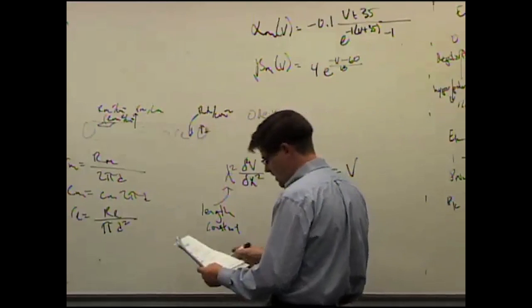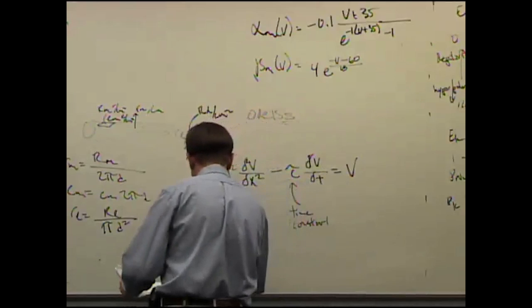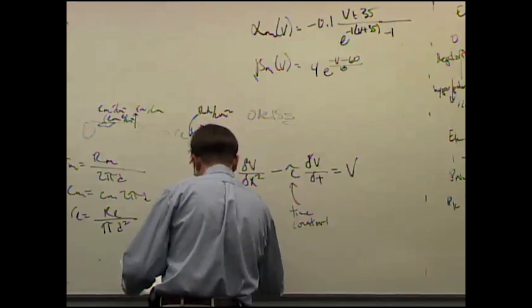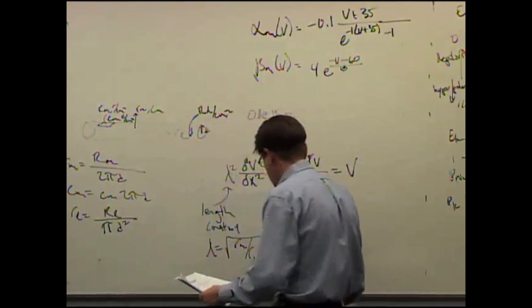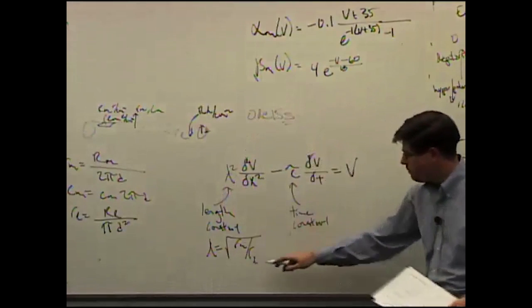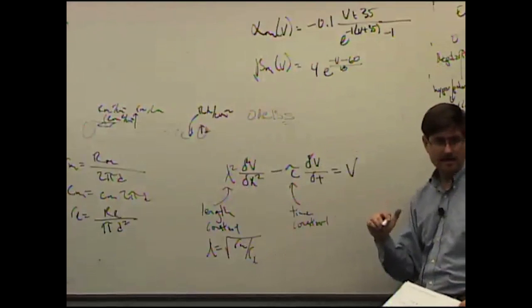And the length constant, lambda, is equal to the square root of the ratio of the resistance across the membrane to the resistance along the axis.